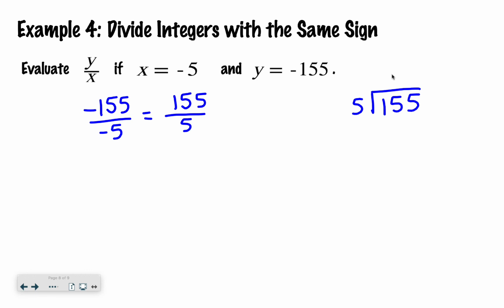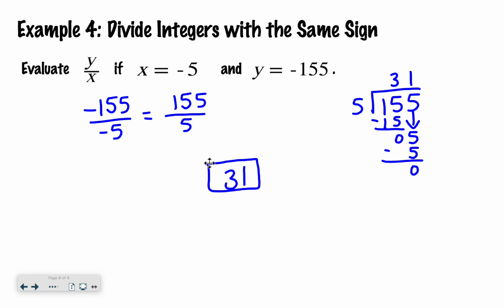Since it goes into 15 3 times, I'm going to put a 3 over that 5. Then I have 15 minus 15, which is 0. I carry down my next number. 5 goes into 5 1 time. So 5 times 1 is 5. If I subtract that, I don't have a remainder. It's just 0. So my answer to this problem would be a positive 31.